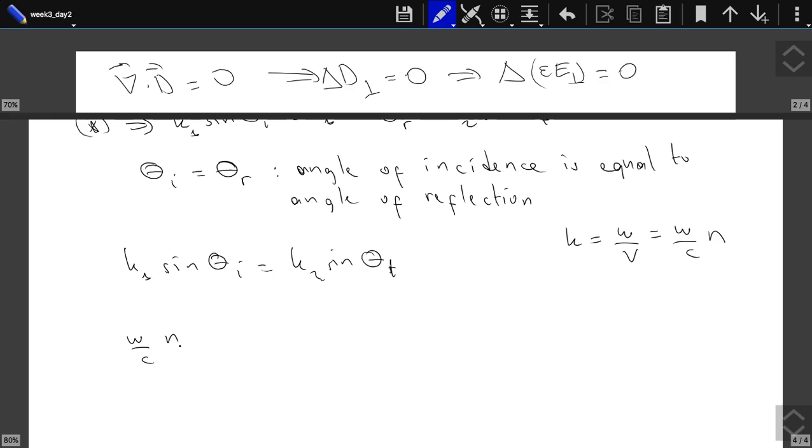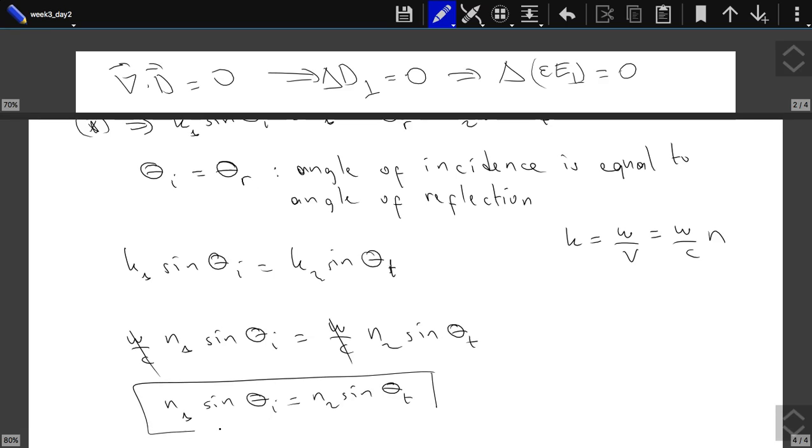So omega over c times n1 sine theta i should be equal to omega over c times n2 sine theta t. So we have Snell's law.